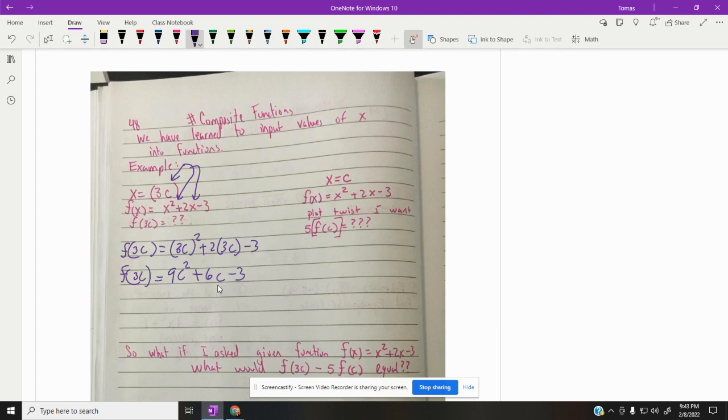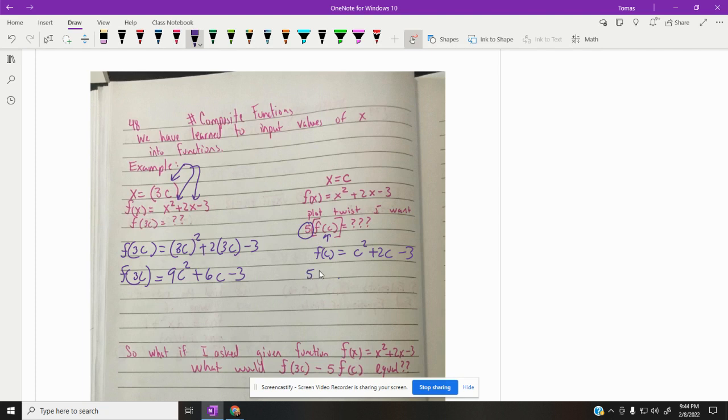Where they're telling us what to put in for x. So we're going to compose functions within other functions. So like right here, if they tell you what is f of c, okay, so that means we're pretty much just changing all of the x's to c's, which is easy, nice and not so much work.